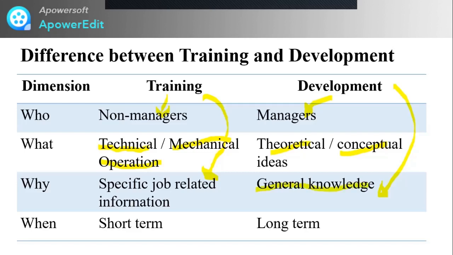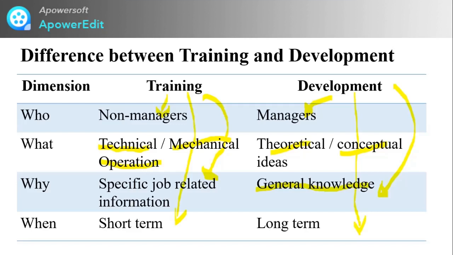When is it? Training programs are usually short term, development programs usually long term. For example, university education is development. You spend four years, and through university education you learn subject matters, then you go for an internship, dealing with different people and different subject areas, like going on a trip and enjoying the talents of students.